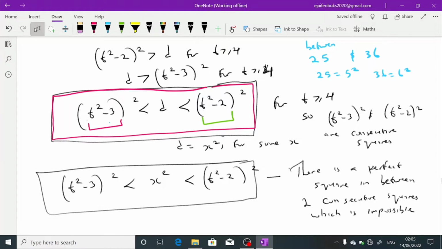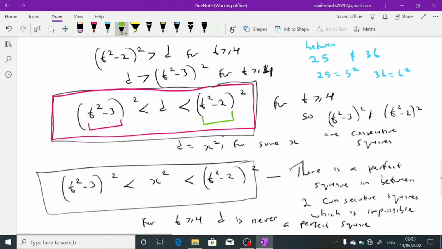This means that for t greater than or equal to 4, d is never a perfect square. So this is what I'm trying to show you by testing all those small cases. We've shown this now. D is never a perfect square.